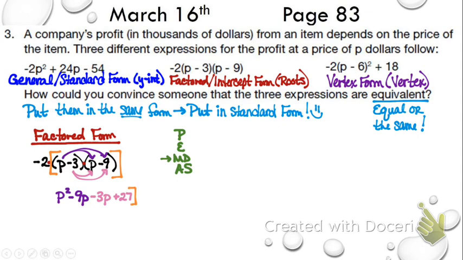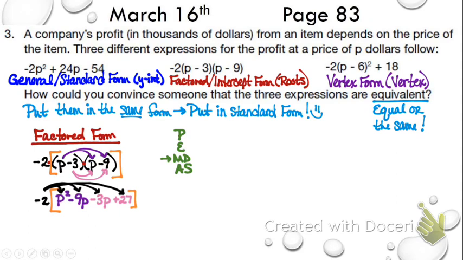I had these bracketed off from everybody else, right? Because we still have what out in front? -2, and that's also using multiplication, isn't it? So let's distribute that -2 to everybody now. I do my double distribution first, and then I distribute the -2.